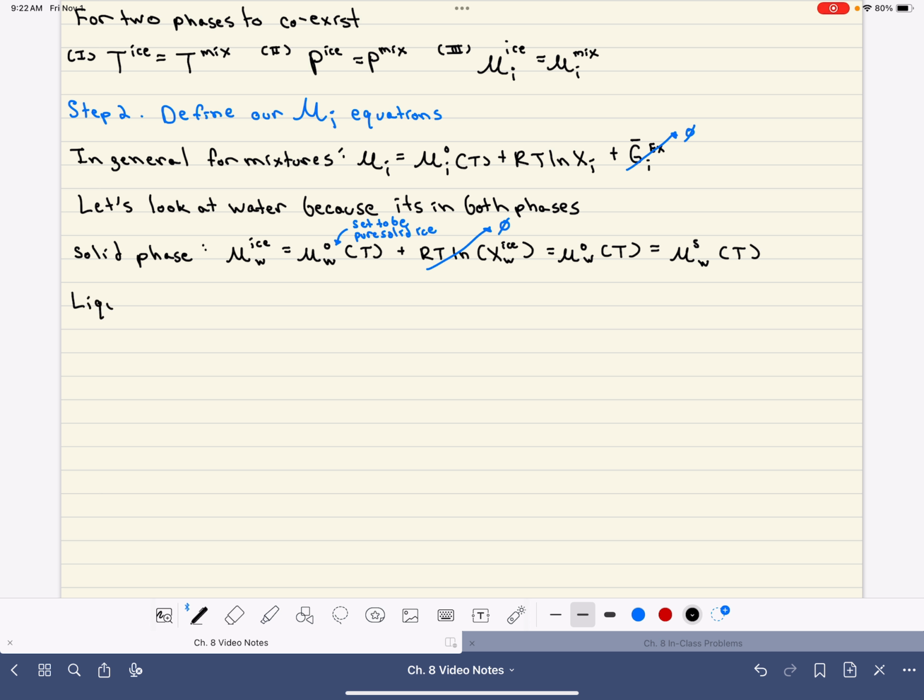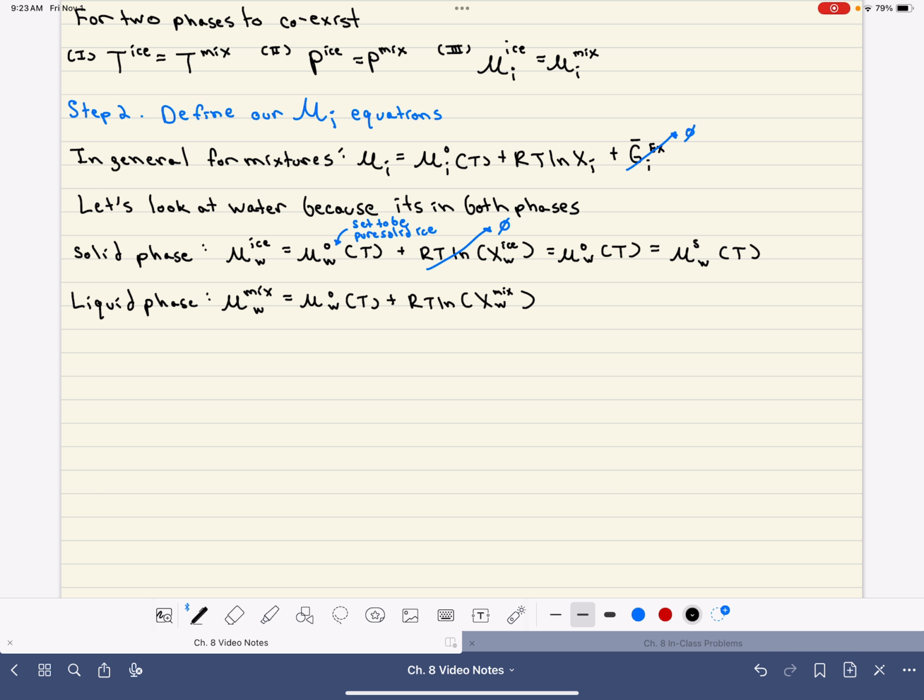Let's now do the liquid phase chemical potential. So here we're going to look at water in our mixture. Right? So this one actually does have salt in it. Right? And so here, once again, we have our standard state chemical potential, and then RT ln XW mixture.